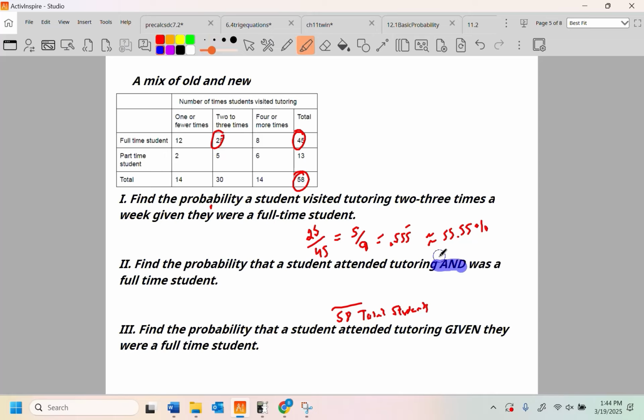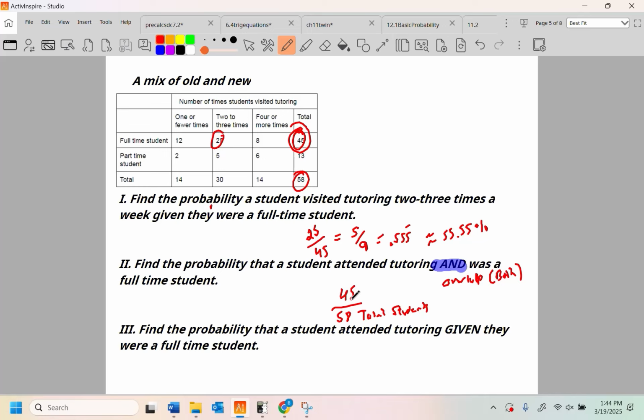And the and thing here is what we call the overlap. It's the both. So I want to know about the students that attended tutoring and were full-time kids. Well, there's 45 of them. Right? They've gone to tutoring. There's 45 out of 48. So 45. I really should have ordered that one a little bit different. But I didn't.